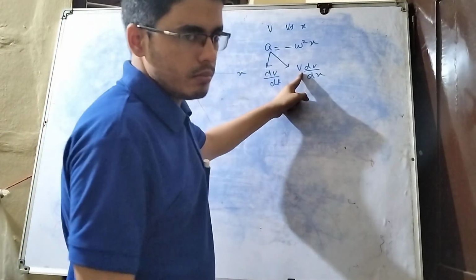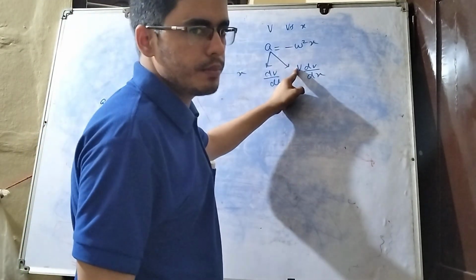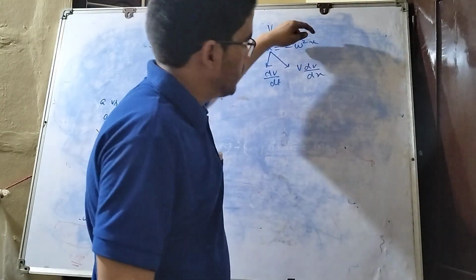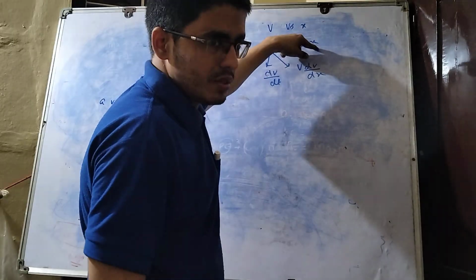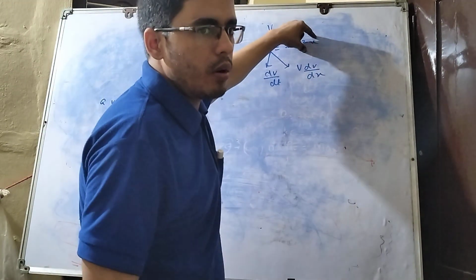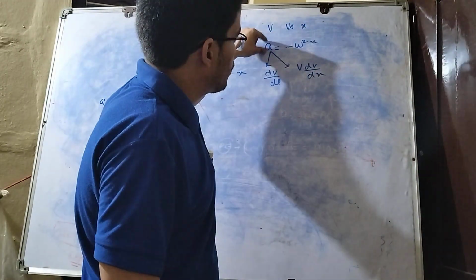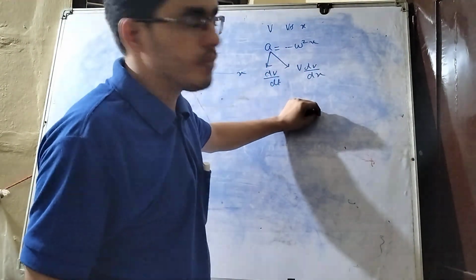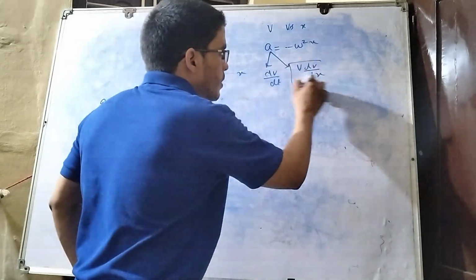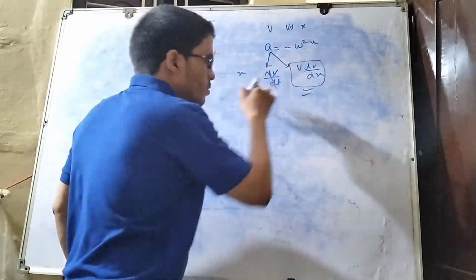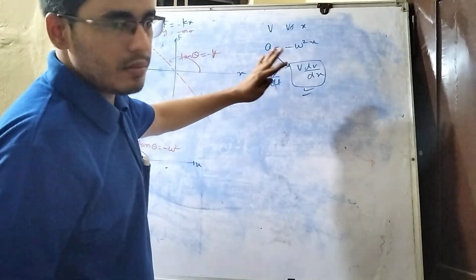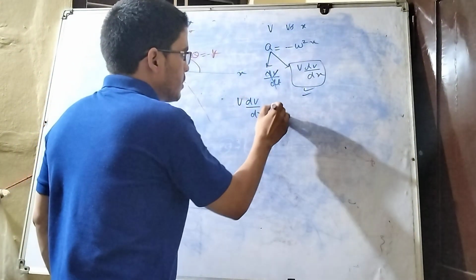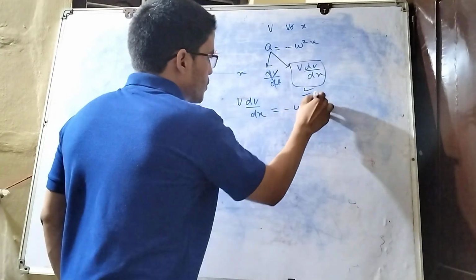If I write v dv by dx, then v is variable and x is variable, so everything is in terms of x. That is more preferable, and with dv by dt I cannot get that answer. So I will write v dv by dx equals minus omega square x.